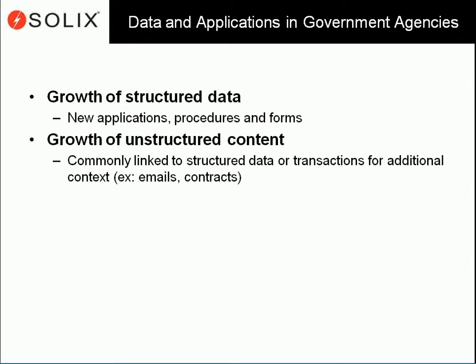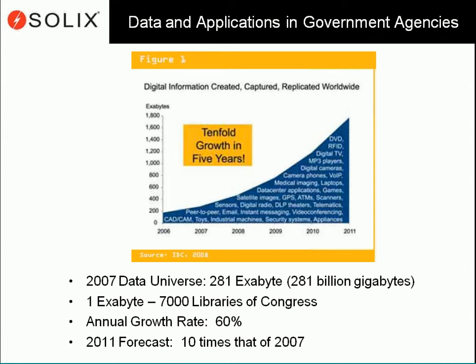Or the contract document gets attached to transactions related to the contract. All of this obviously is creating lots more demand on data storage. In the next slide, you can see the data growth graph from IDC in 2007. As you can see, in year 2011, the forecast is 10 times that of the year 2010.